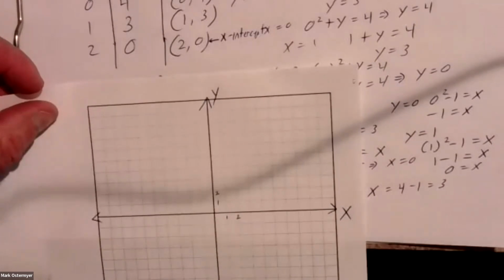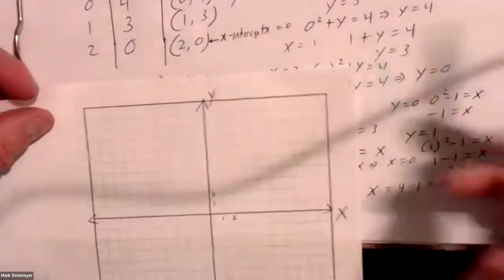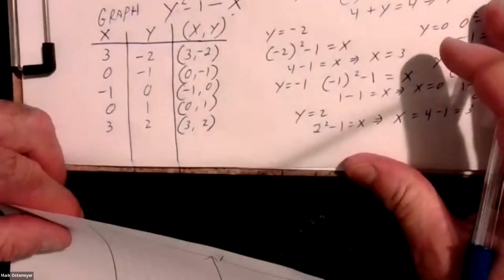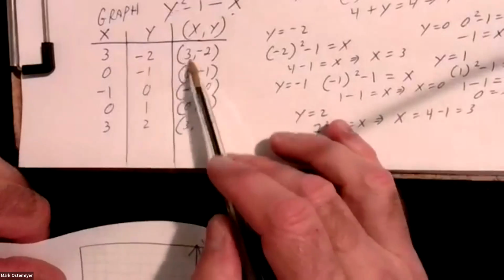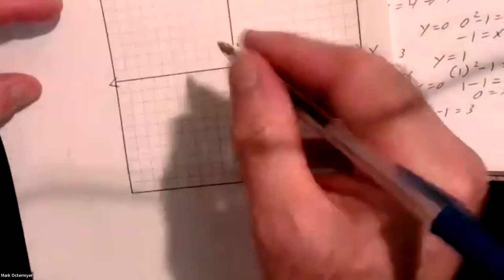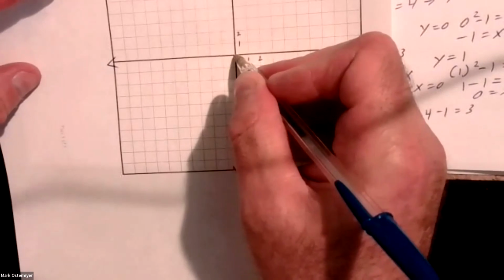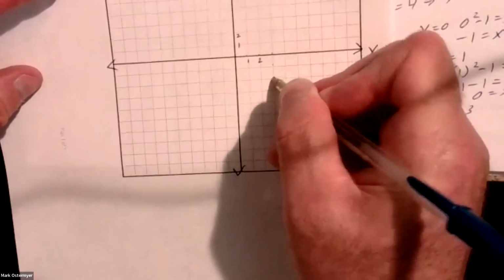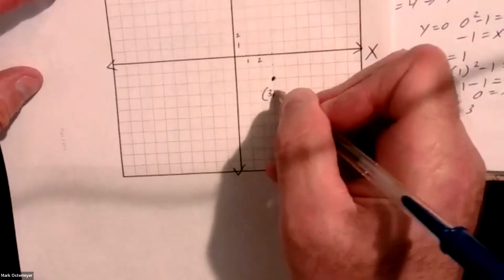All right, plotting these points. To plot the point 3, -2, we start at the origin, and I move 3 to the right on the x-axis, 1, 2, 3, and then down 2, -1, -2. So there's the point (3, -2).